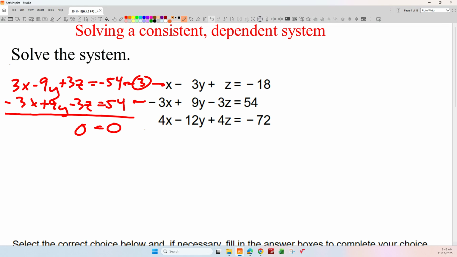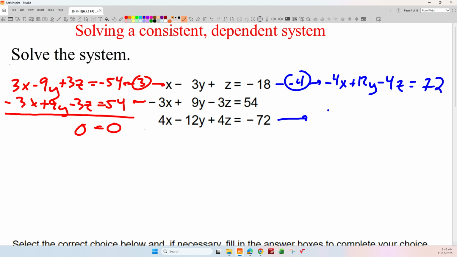Okay, so what would I do to the top one? Multiply by negative 4. Which is going to give me negative 4x plus 12y minus 4z equals positive 72.